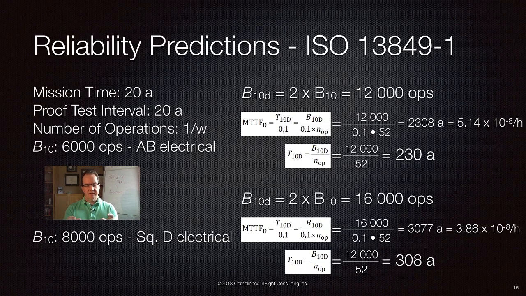So B10, the 10 is 10%, the D means dangerous, B10D. Okay, so since we don't get that data directly from the manufacturer, we have a bit of a problem.